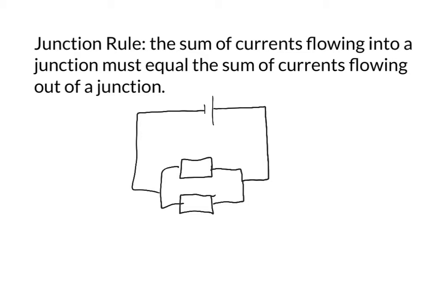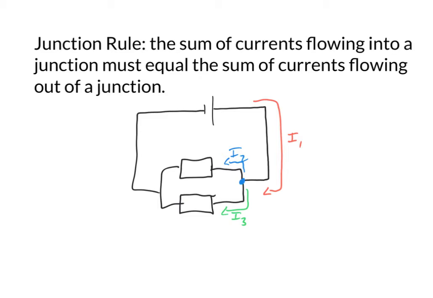So, let's talk about the currents in my circuit. Leaving my battery, I have a current, which I'm going to go ahead and call I1. And I1, when it reaches this junction here, is going to split off into currents I2 and I3 as it goes through my 2 separate resistors.